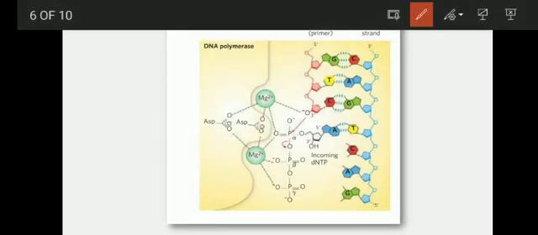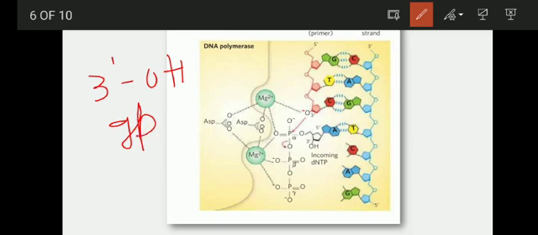Now we will see how exactly the incoming nucleotide binds to the DNA polymerase. We know that the fundamental reaction done here is the phosphoryl group transfer, and here the nucleophile is the 3' OH group of the nucleotide at the 3' end of the growing strand.